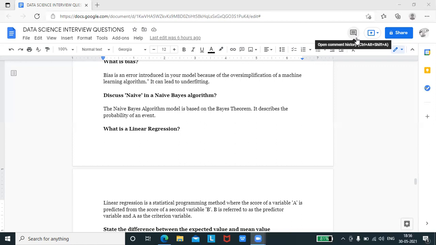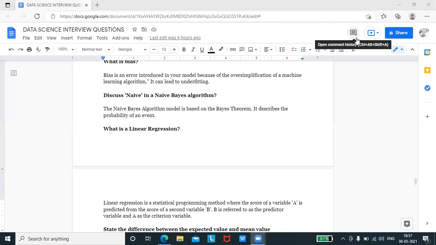Then the next question, what is linear regression? So linear regression is a very simple and easy algorithm in machine learning. It's a kind of supervised learning. So let's see what is linear regression.